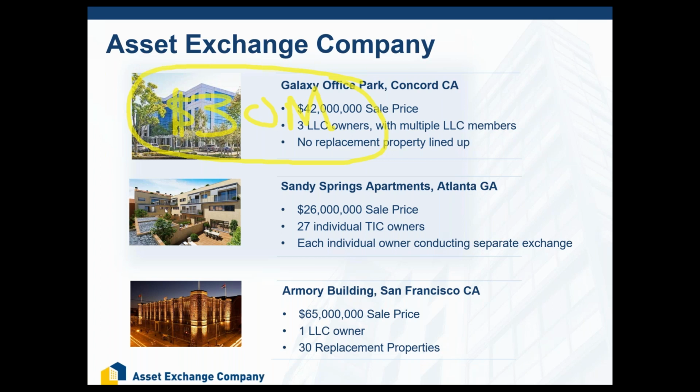Can you take your $30 million and invest it in the stock market while you're doing a 1031 exchange? Absolutely not, right? One of the very first things I said at the beginning of the presentation is when you do an exchange, you cannot touch your money, right? The government does not allow you to be in constructive receipt of your sale proceeds. If you touch the money, it is taxable.